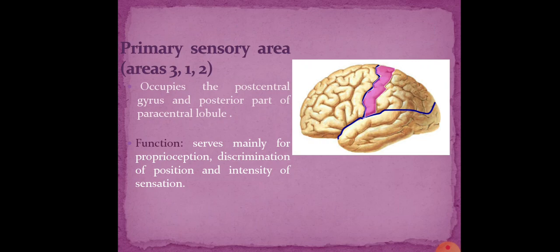This area serves mainly for proprioception, discrimination and intensity of sensation. So the sensory tract terminate here in the postcentral gyrus, the area known as primary sensory area.